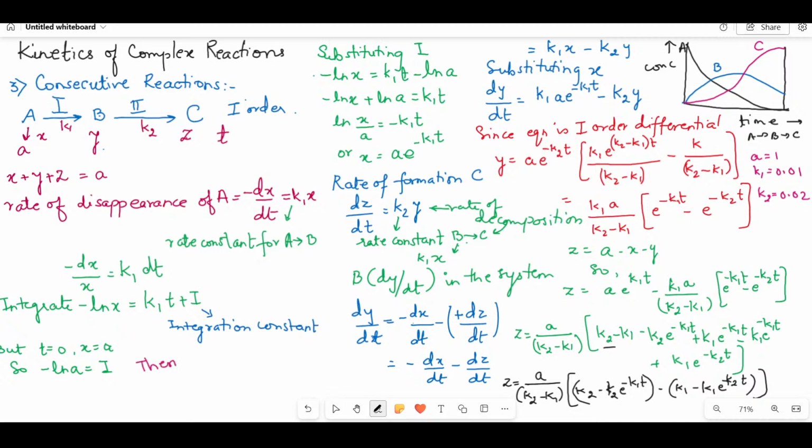Thermal decomposition of acetone and hydrolysis of an ester of a dibasic acid, for example diethyl succinate.